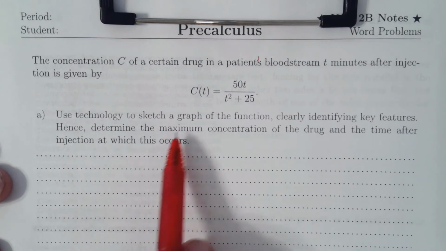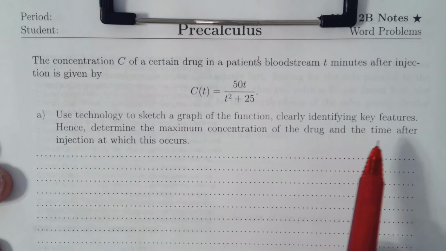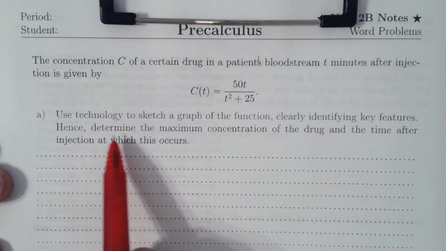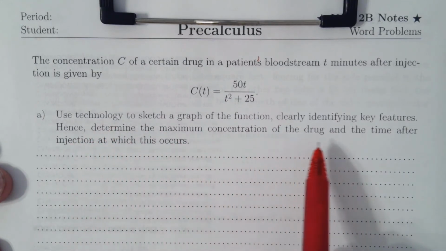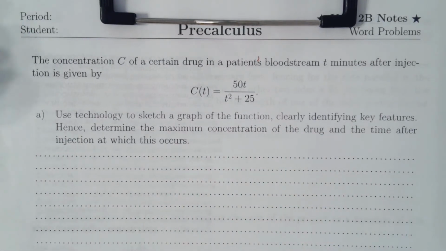We're told to use technology to sketch a graph of the function, clearly identify key features, and hence determine the maximum concentration of the drug and the time after injection at which this occurs.